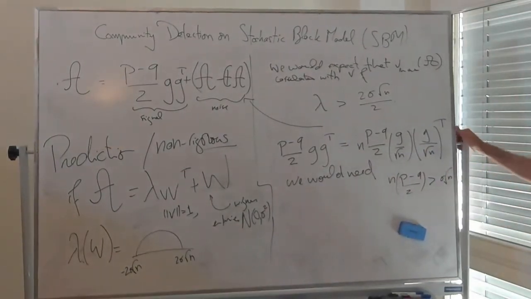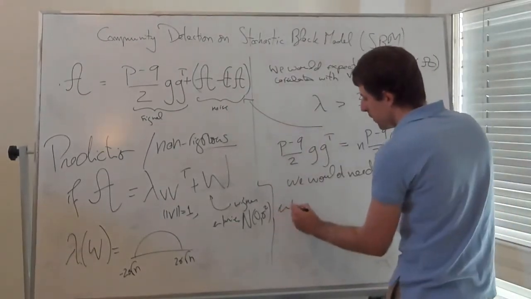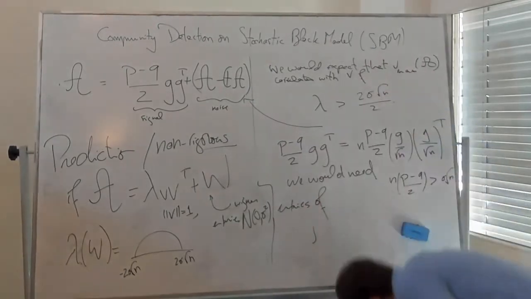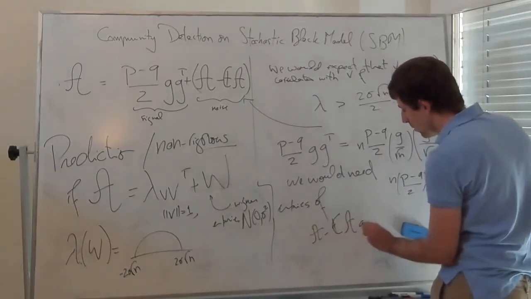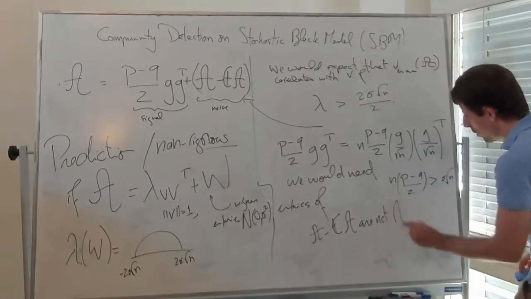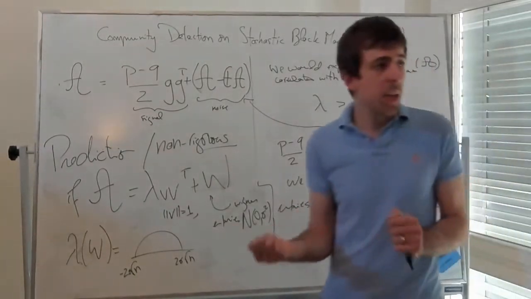But now the entries of the noise are not Gaussian, right? Entries of calligraphic A minus the expected value of A are not normal 0 sigma squared. In fact, they're not even identically distributed.